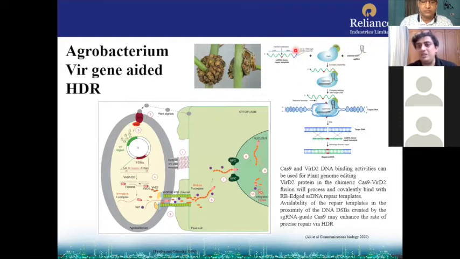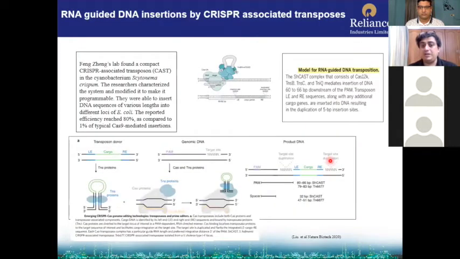So that Vir gene will bind with this sequence supplied by you, and then gRNA will take that whole thing to a certain area of the genome. And in the cut site, you will get that gene of interest in larger copy, and that can be introduced inside of the cell by homologous recombination. So VirD2 mediated homologous recombination can also be done.